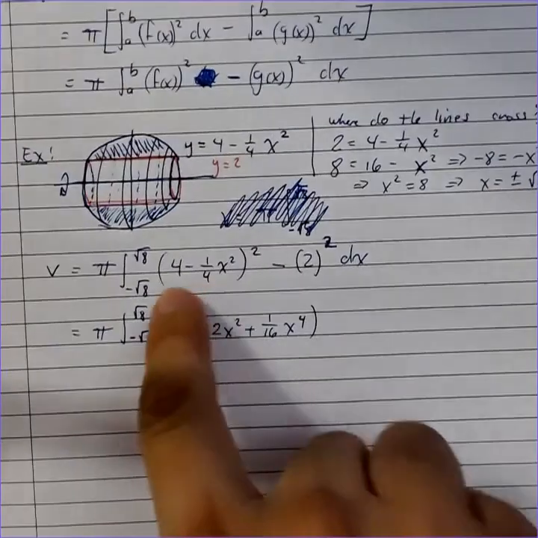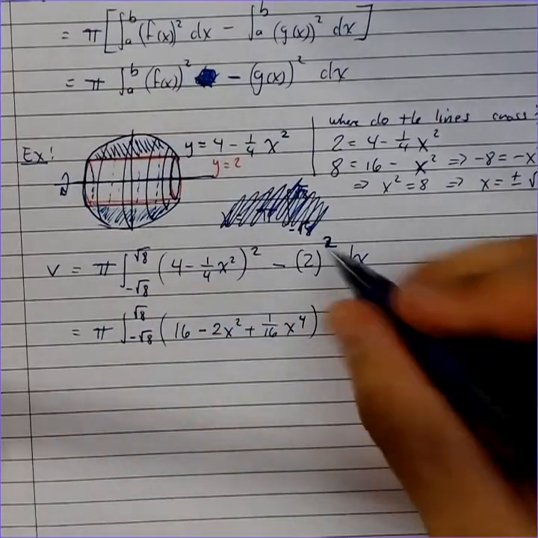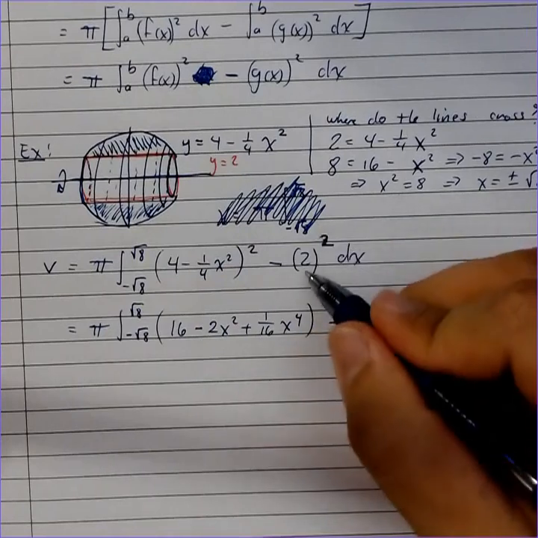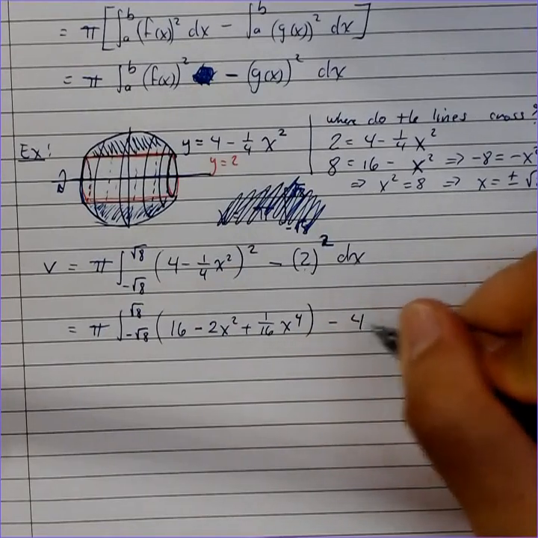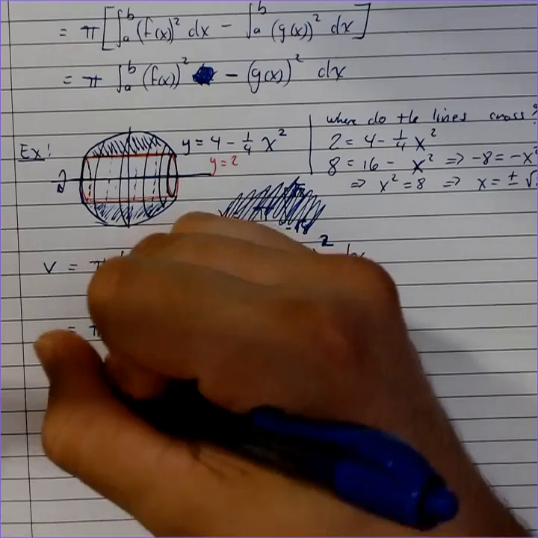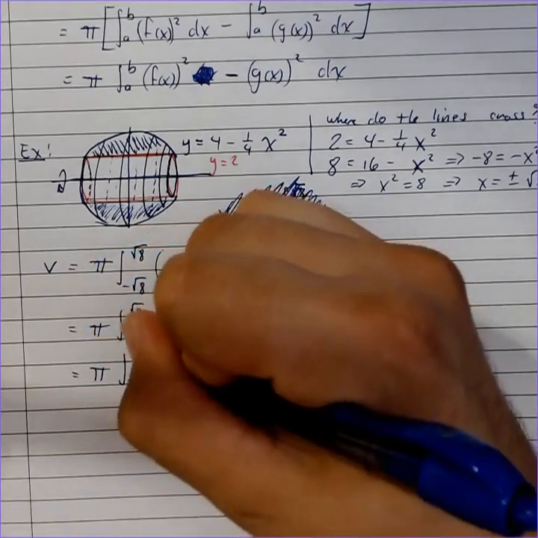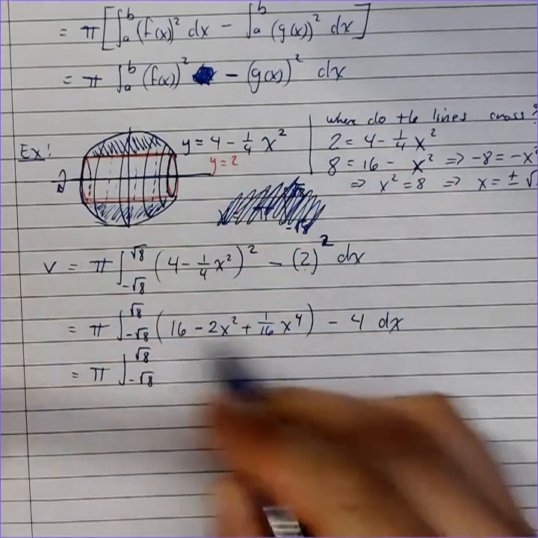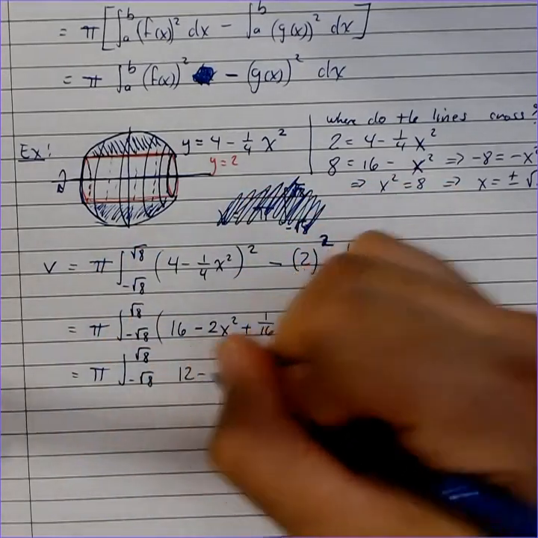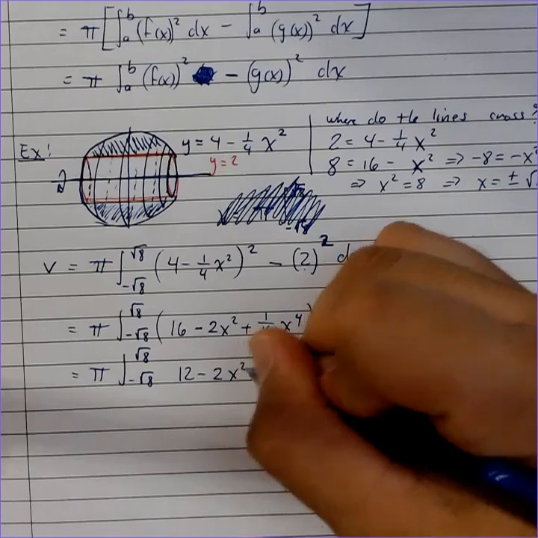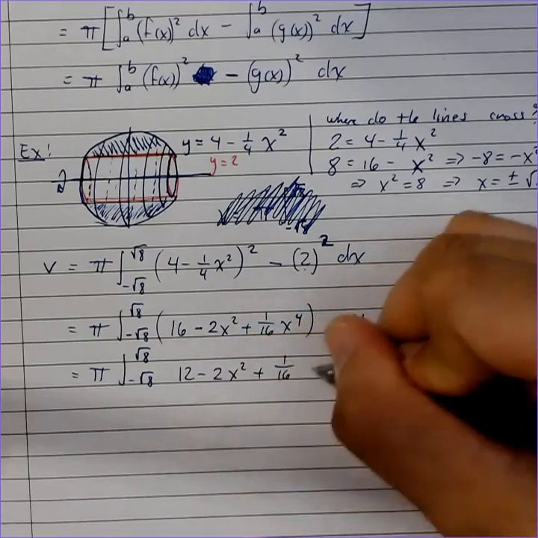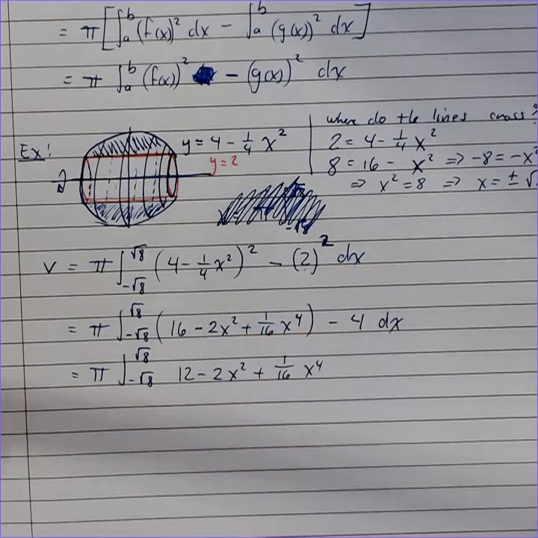Distribute that out, right? This times itself, and then we distribute. Minus, and then here I have a 2 squared, which is 4. So this is going to give us pi times the integral from minus root 8 up to root 8 of 16 minus 4. That's going to give us 12 minus 2x squared plus 1/16 x to the 4th power.